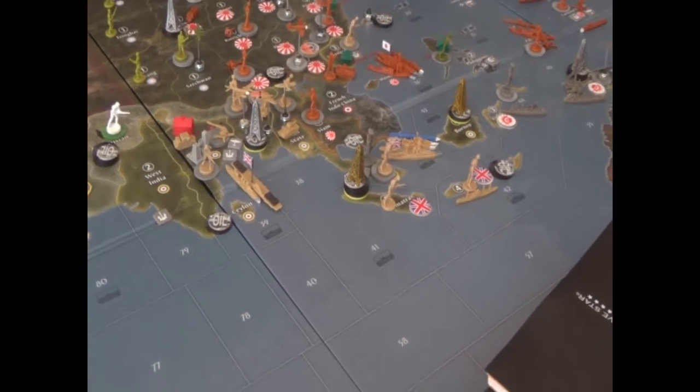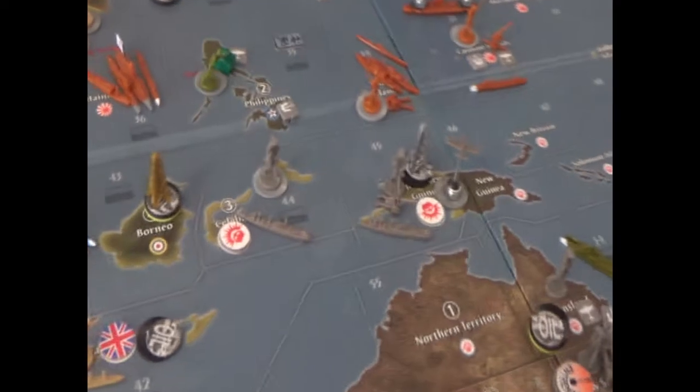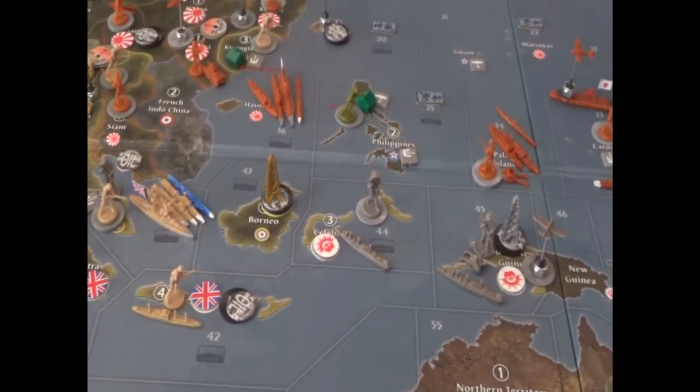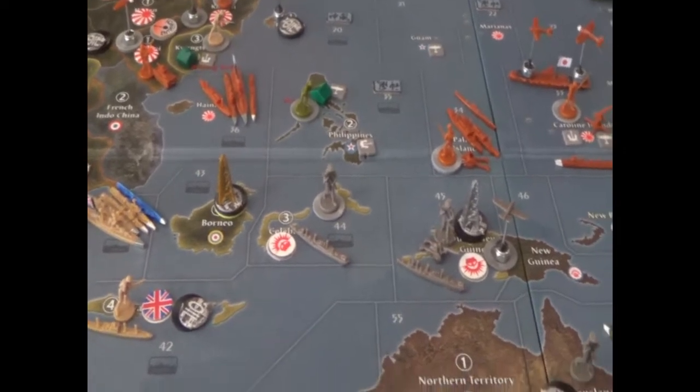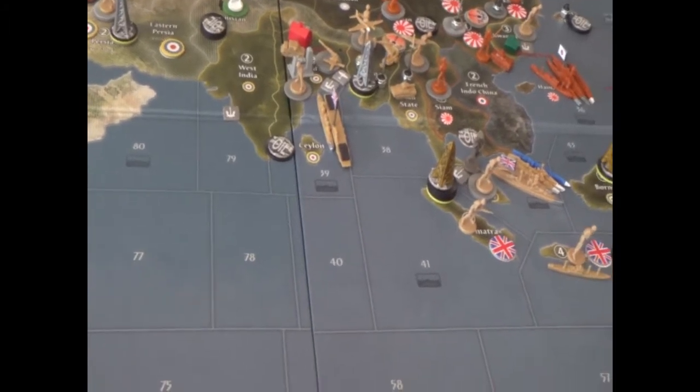Their collection of oil benefits all of them, because the Money Islands here, the UK Pacific and ANZAC taking these Money Islands, benefits all of them. So like I said, it's just kind of fun. It's something different. I've been thoroughly enjoying it.